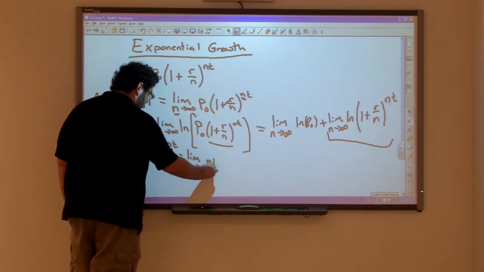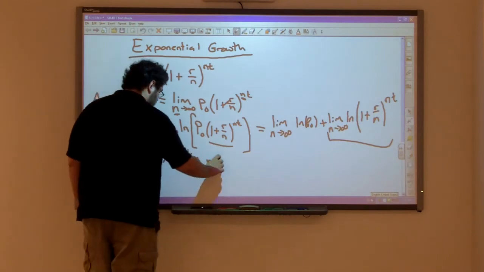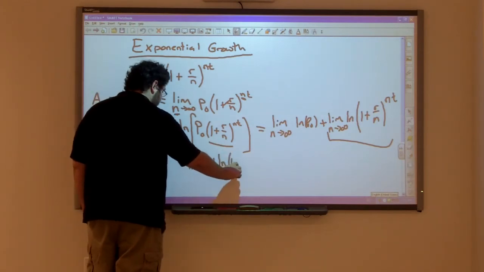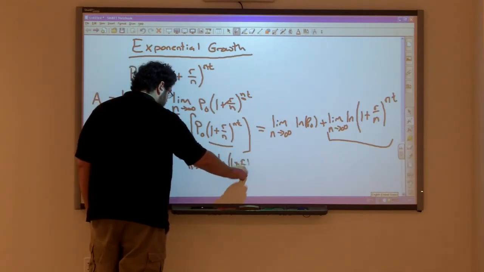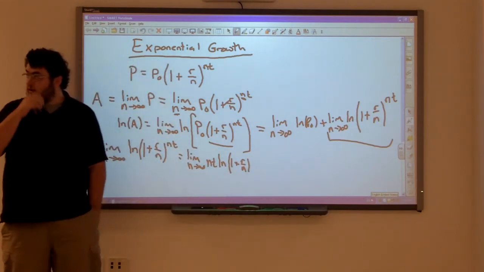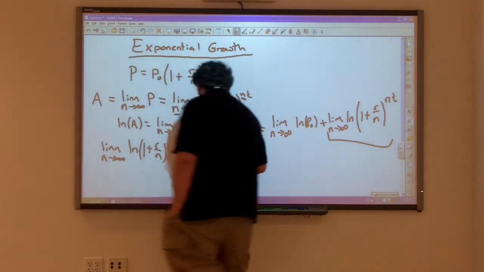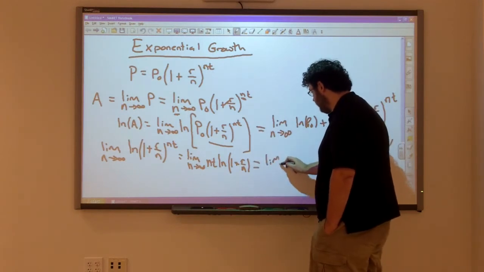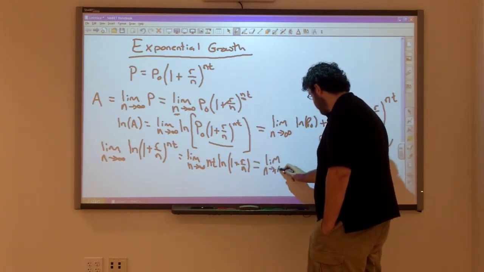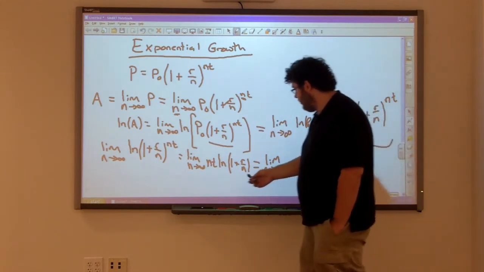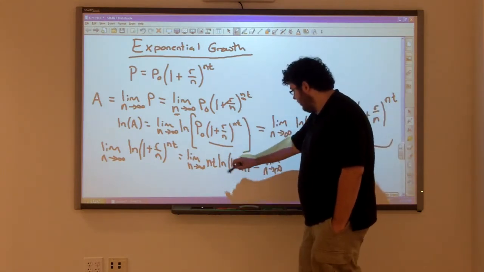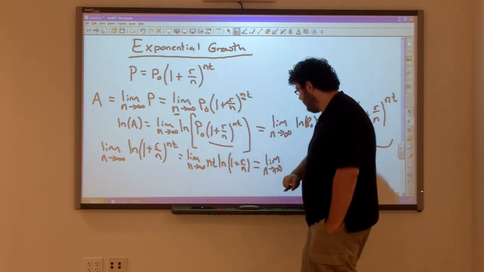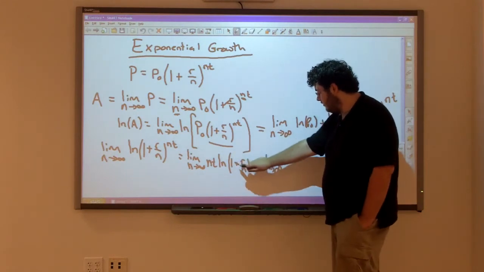So we have nt times the natural log of (1 plus r over n). What we can do is rewrite this, because what we have now is basically infinity times the natural log of 1 plus 0.